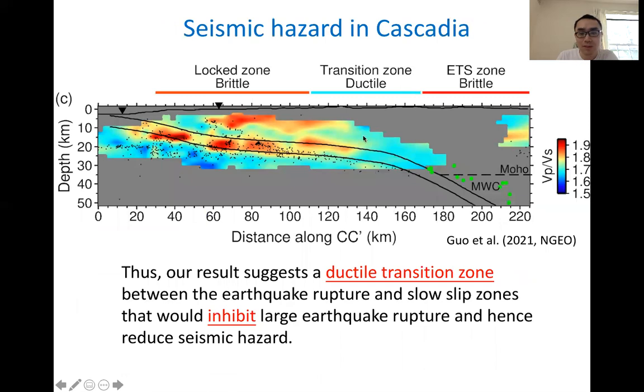So we suggest that the transition zone between the earthquake rupture zone and the slow slip zone has a ductile rheology, which means that the transition zone would inhibit large earthquake rupture and hence reduce seismic hazard in Cascadia, at least in southern Cascadia.